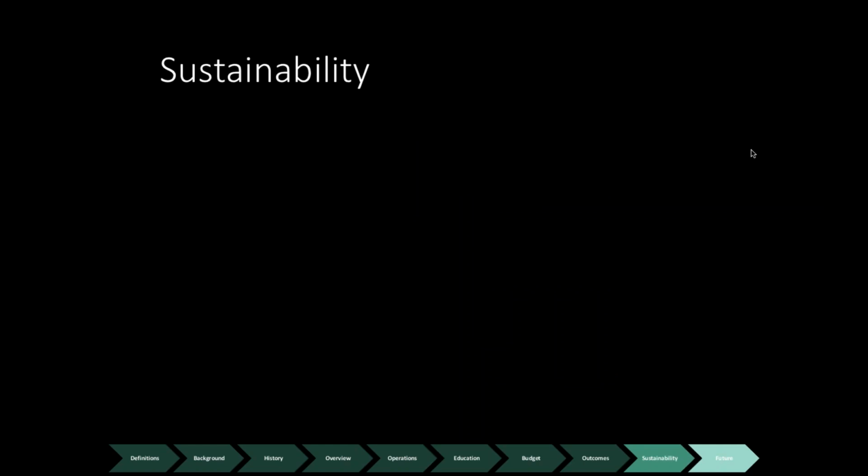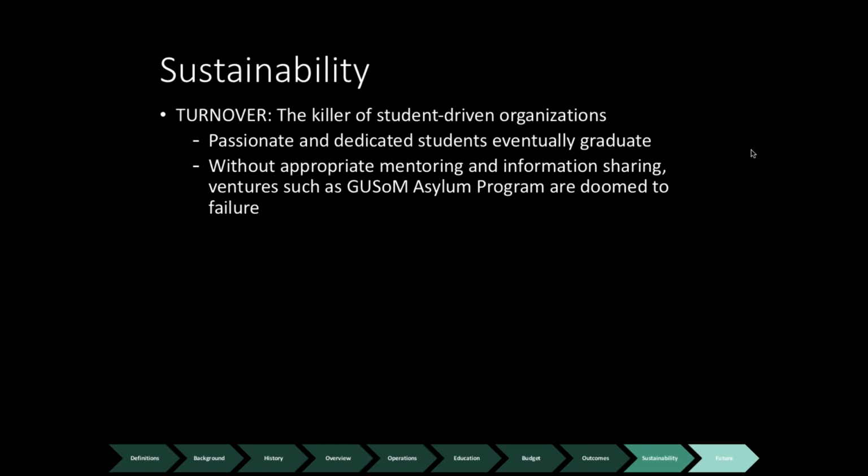So looking forward and making the asylum program something sustainable, which is one of the most difficult things to do in a student-run group, we learned that turnover is really the most destructive factor in student-driven organizations and efforts. So these students, such as Nate and I, that were really passionate about this cause and in creating the asylum program, will eventually graduate.